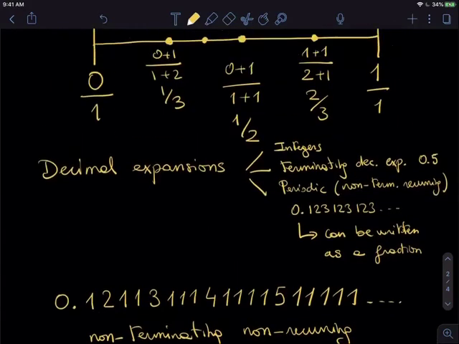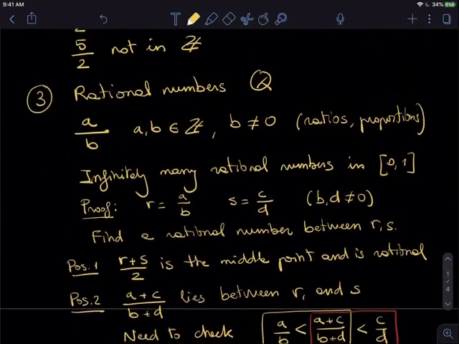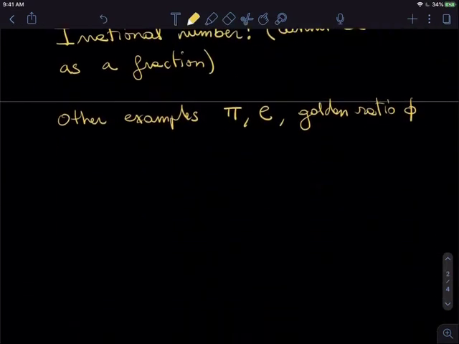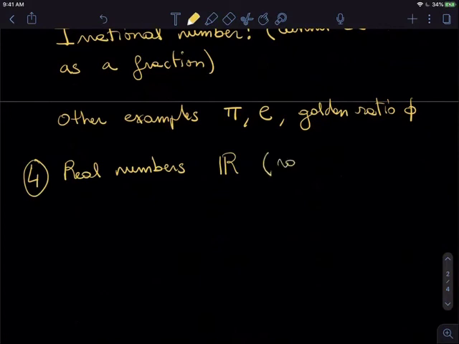You see, this was the third type of numbers. We get the real numbers. This we denote with an R with a double line. And these are the rational and the irrational.